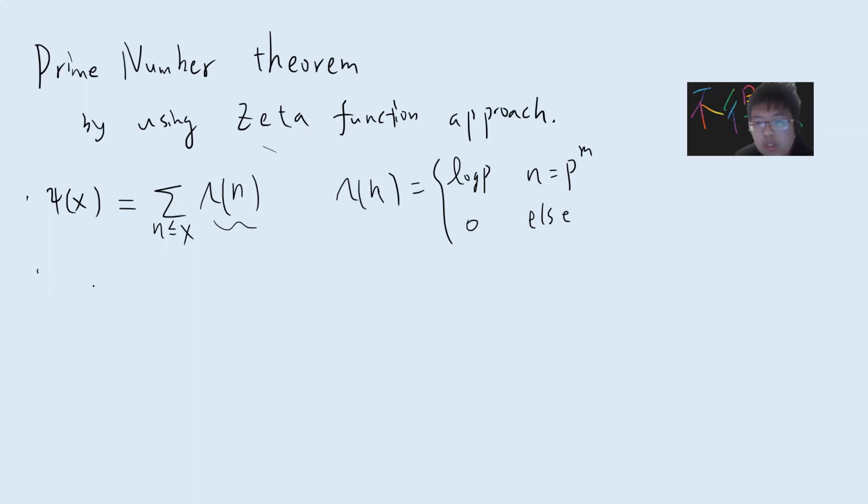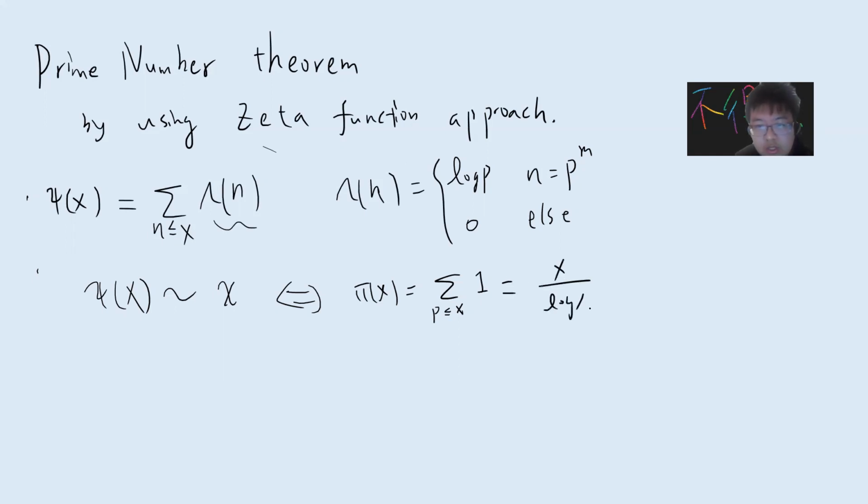In the previous video I also showed that if psi of x is x, the leading order, then one can show that pi of x, which is defined to be the number of primes less than or equal to x, is x divided by log x, plus o of x over log x. So this is the PNT, the prime number theorem.